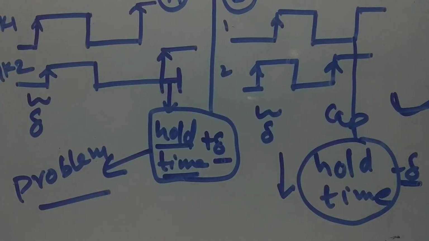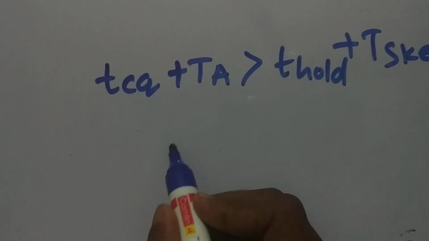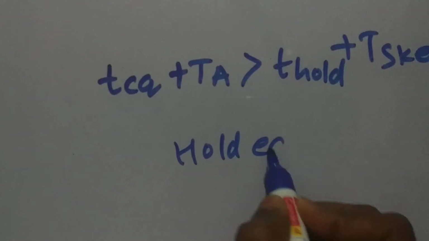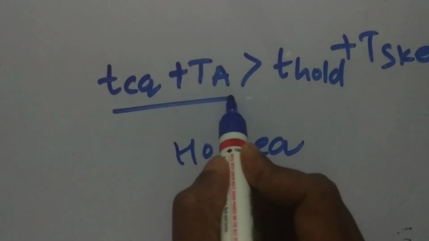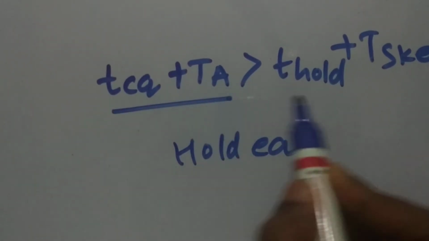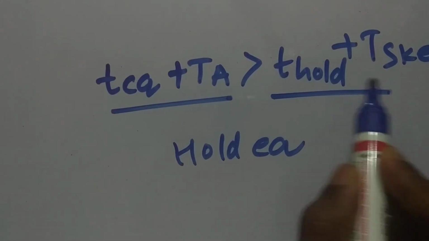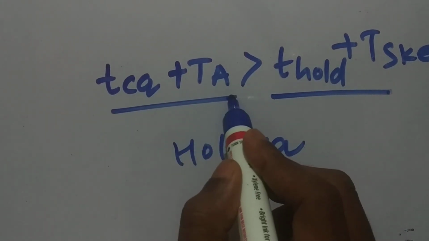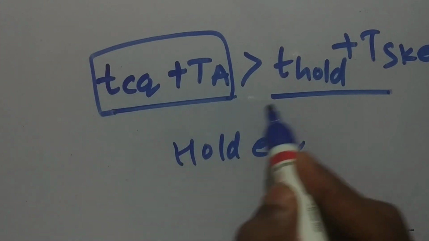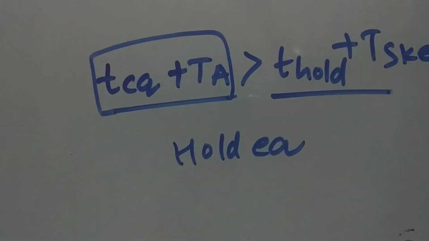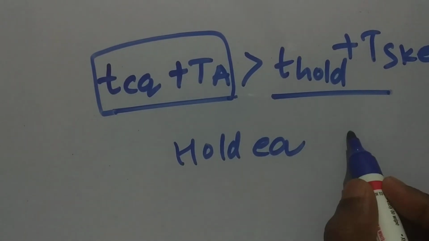So now let's go over the hold equation. This is the hold equation, and this is our arrival time, and this is our required time. So this must be greater than this one. So tcq plus tcomb must be greater than thold plus tskew, because our input must be stable in the hold window.